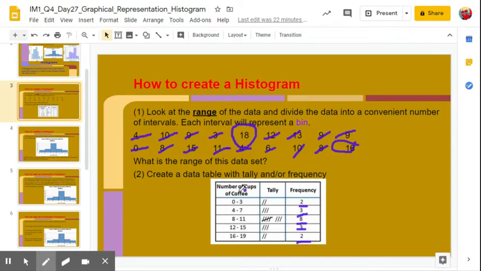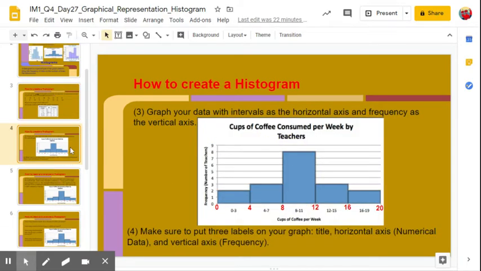So now we have our bins, we have our frequency. So what we're going to do now is create the histogram. To create it, we're going to start off with a horizontal line, and we're going to put our bins in. So we're going to go 0, 4, 8, 12, 16, 20.